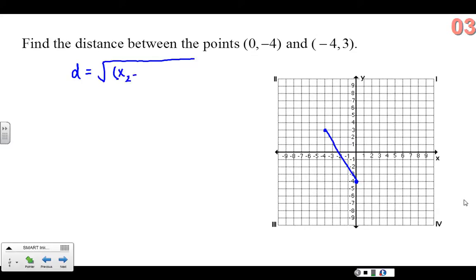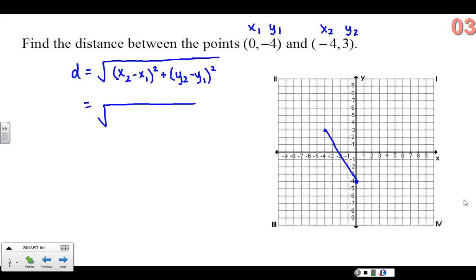x2 minus x1 squared plus y2 minus y1 squared. So let's see what we get here. Again, I'm going to label my points x1, y1 and x2, y2 to hopefully help me get my numbers in the correct order.